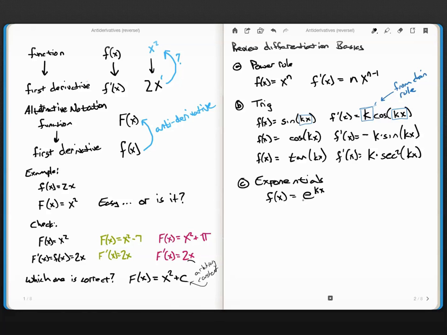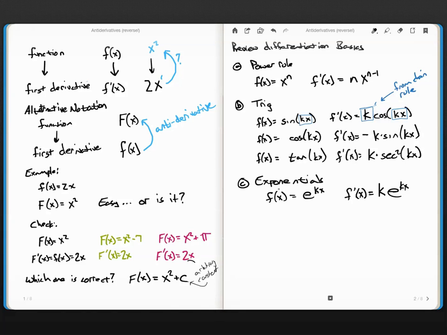We can do it with other bases, but e comes up a lot in science and the natural world, and in business, finance, biology, and social sciences. F prime of x, remember, just stays the same. That's what's nice about the exponential, e to the kx. But the chain rule says we've got to move the k out front.